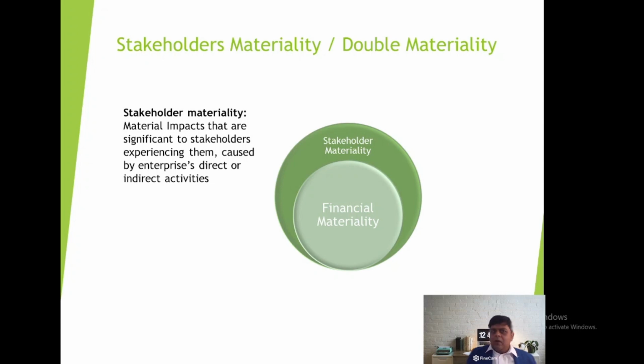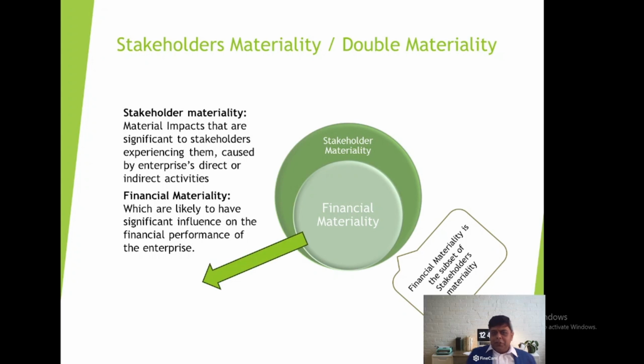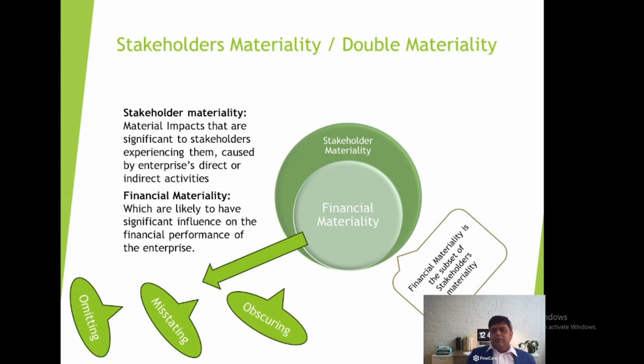The financial materiality concept, or we can say the investor materiality concept, is similar to the IFRS concept, whereby that information, if omitted, misstated or obscured, impacts the decision making of the user of the financial statements or user of the financial information. If that gets impacted, the information is material.